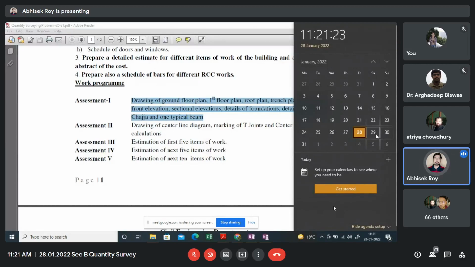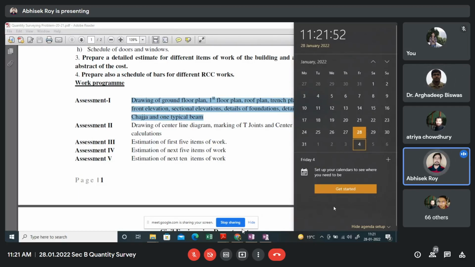So obviously within 29th we will be able to share you the problem sheet, and the first assessment, that means you have to submit by 4th, and the first assessment obviously will be by the teacher either within the week, that means within 4th to 11th, or on 11th, so that the teacher will decide, but within 4th you have to submit. Okay, so the Google form link also will be sent to all of you for that.